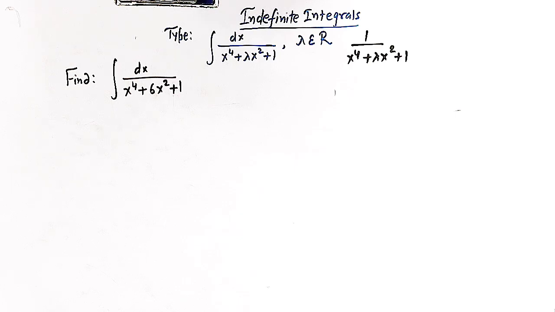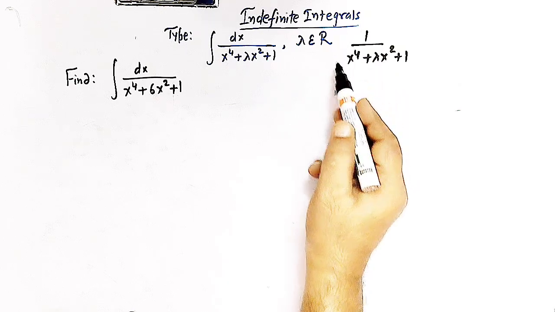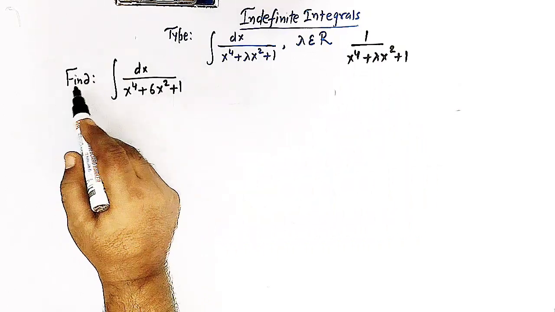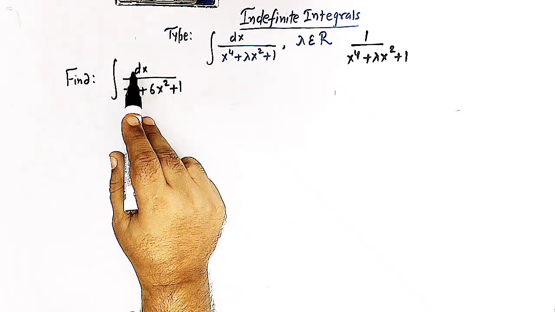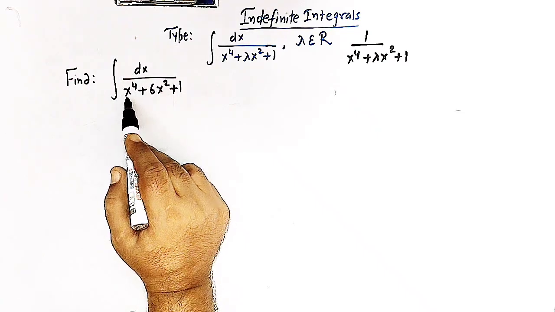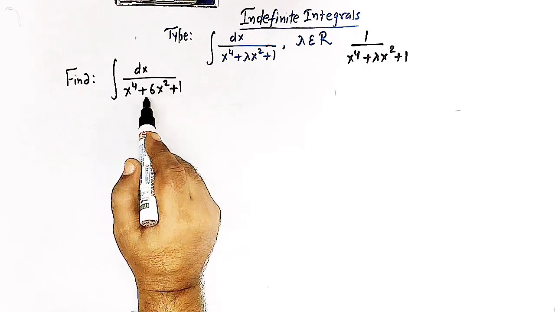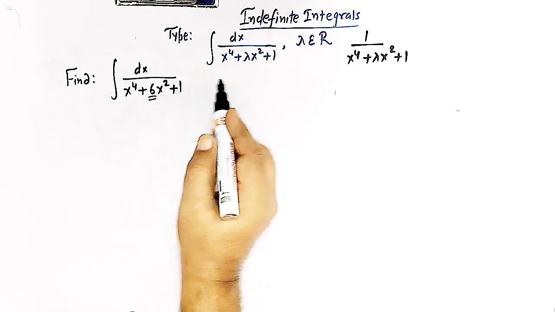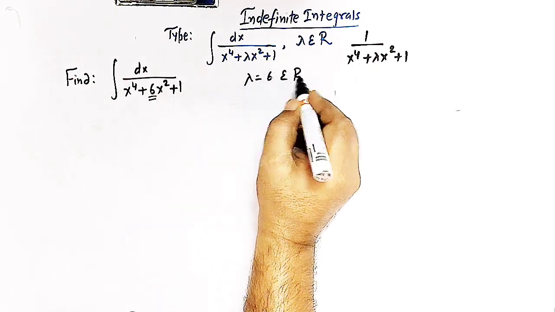numbers, right? So whenever we come across integrands of this type, in the given problem we have to integrate this function, that is dx over x raised to 4 plus 6x square plus 1. So this expression is of this form where lambda is equal to 6, which belongs to the set of real numbers.